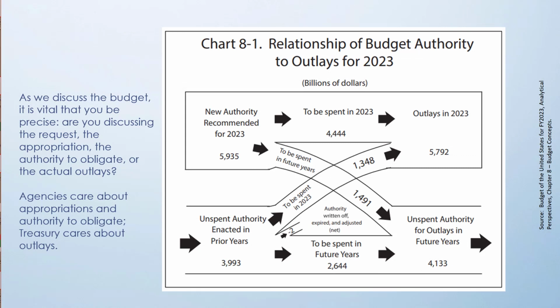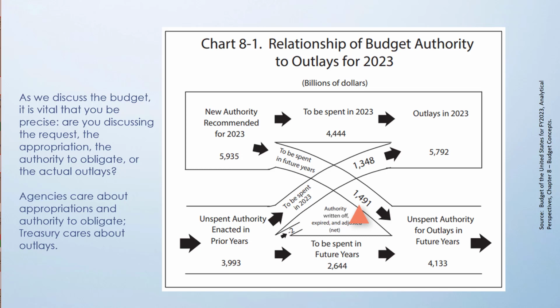in paying an invoice or paying somebody's salary. So if you look at this chart from the 2023 budget, that budget requested $5.9 trillion in new authority, of which they expected $4.4 trillion to outlay during 2023. So these would be Social Security checks that went out, paychecks that went out, contract payments that went out.